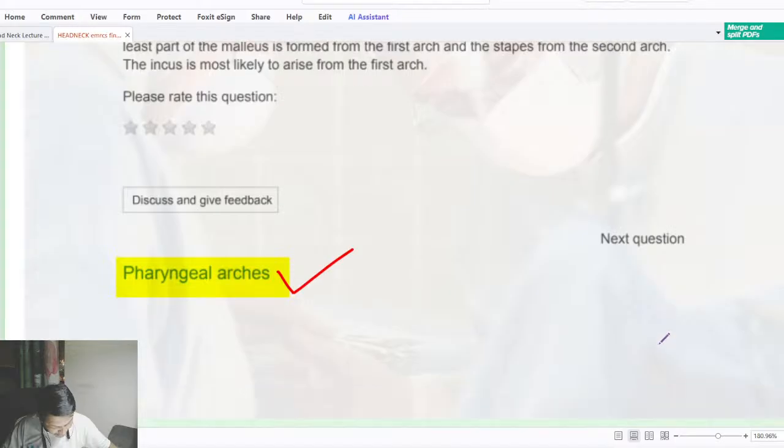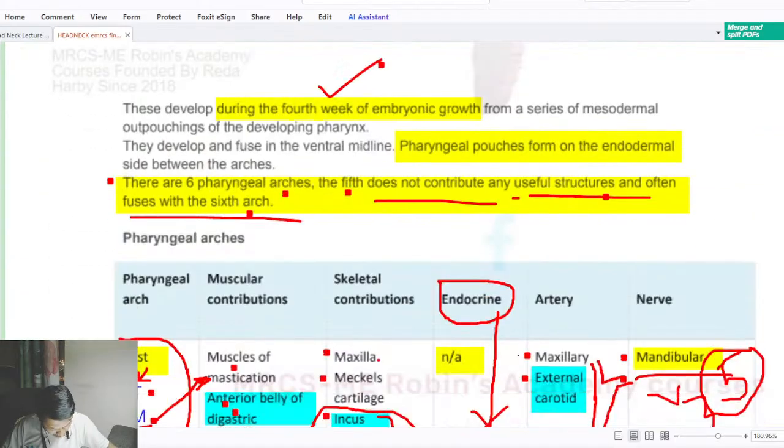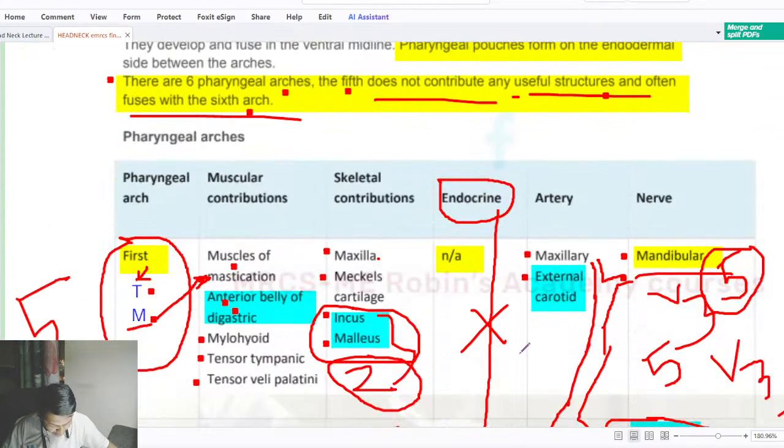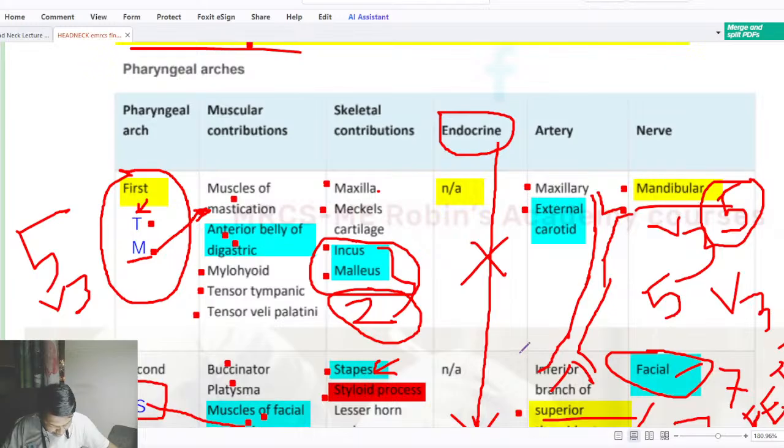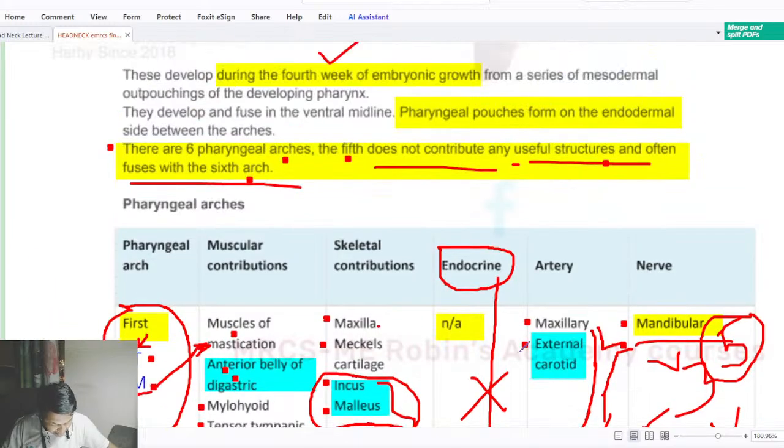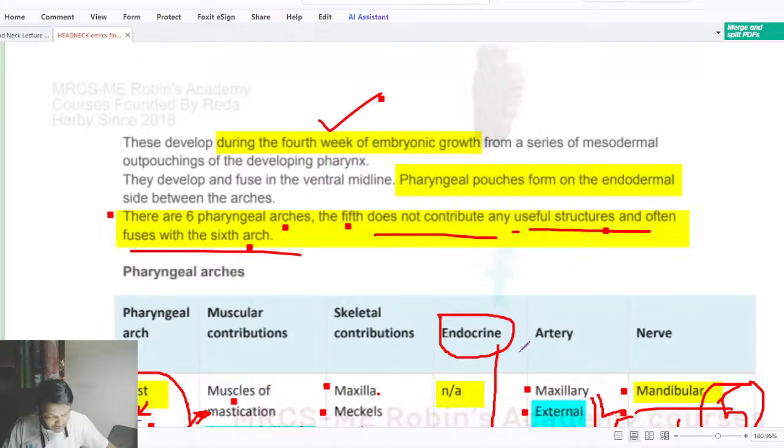But we have a chart of the pharyngeal arches. Now we will see here. Pharyngeal arches develop during the fourth week of embryonic growth, arising from the mesodermal outpouching of the developing pharynx.